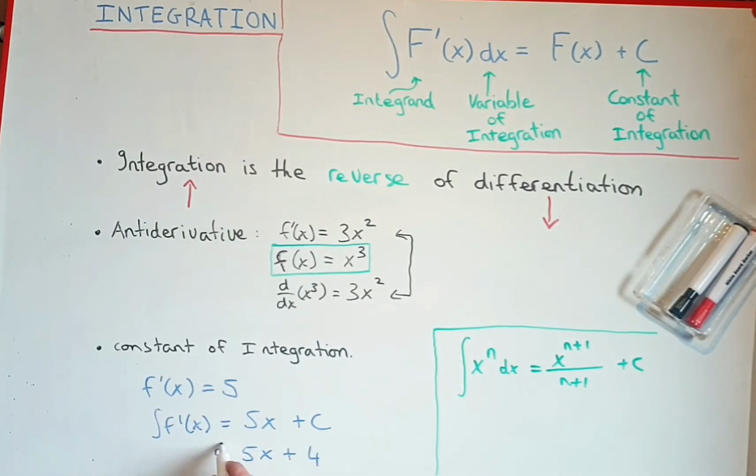If you were to differentiate that, what would you get? Well, you would also get 5. So you have a 5 here, but also here. So am I saying that 5x is equal to 5x plus 4? Well, that can't be right, because this has a 4 and this doesn't. There seems to be some sort of breakdown here.